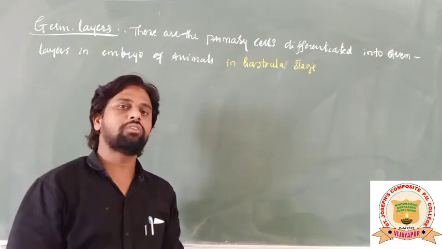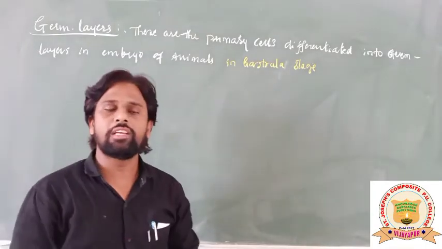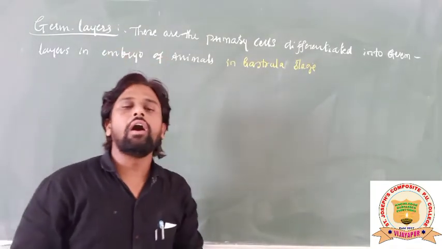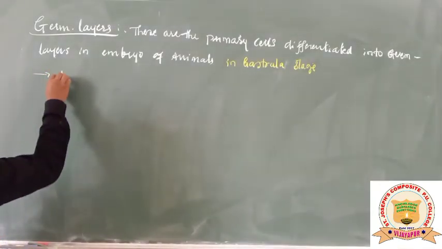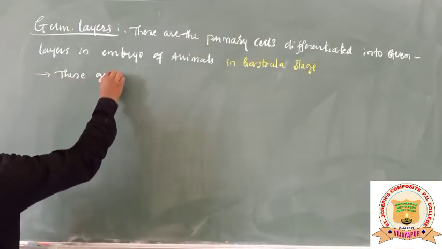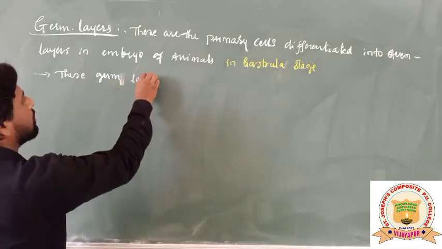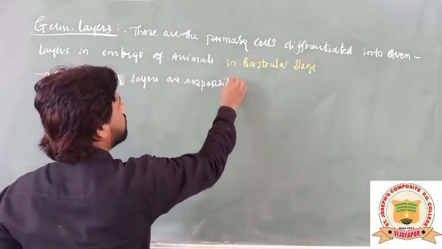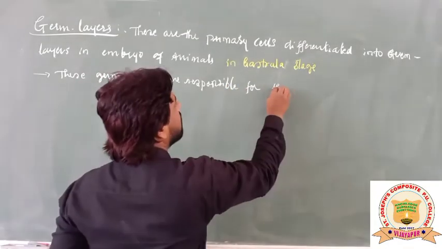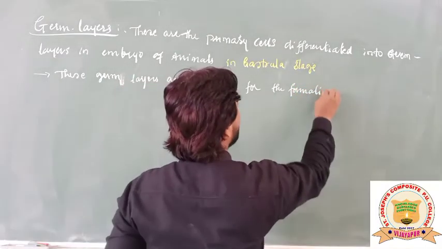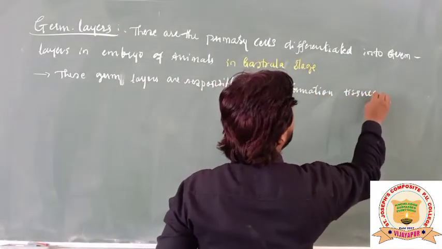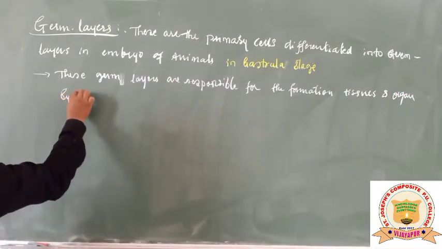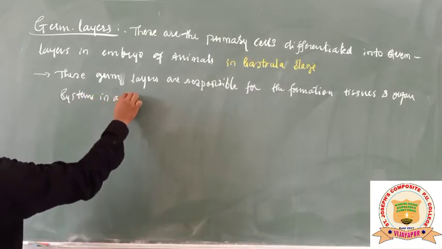Students, in the embryos of animals, when the embryo is in which stage? Of gastrula stage, students. Later these germ layers are responsible for the formation of tissues and organ systems in animals.